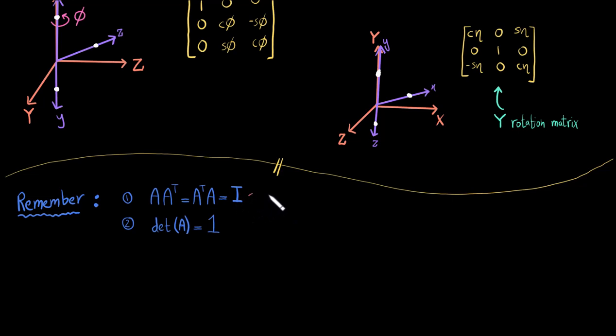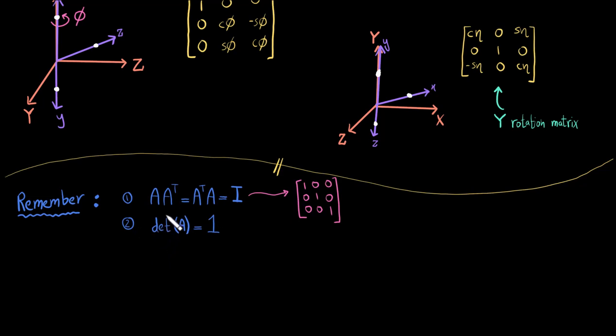And if you know that an identity matrix for a 3 cross 3 matrix is this: 1, 0, 0, 0, 1, 0, and 0, 0, 1. And the second property is the determinant of a rotation matrix must always be equal to 1. So if I need to check whether a matrix is a rotation matrix, I need to apply these two conditions, and if they are satisfied, then it is a rotation matrix.